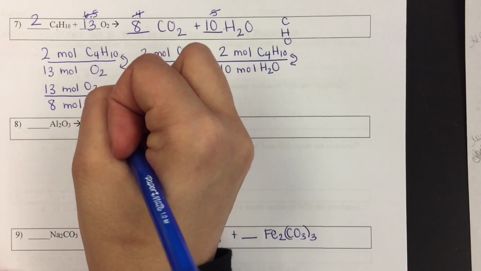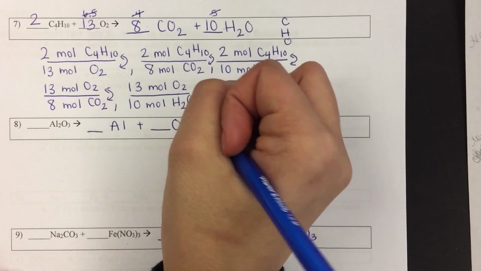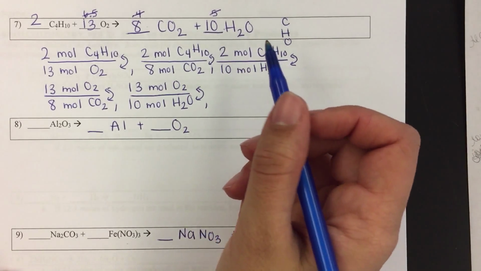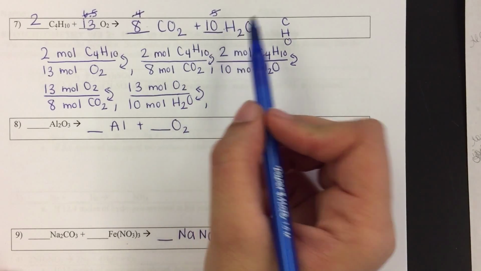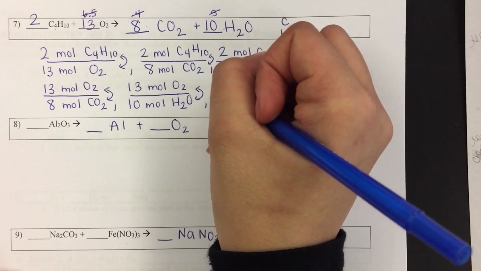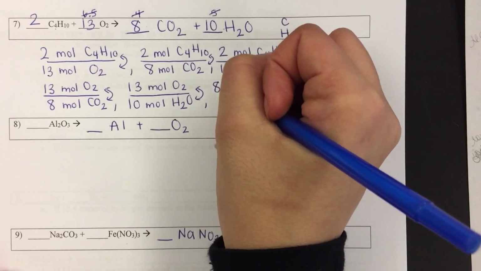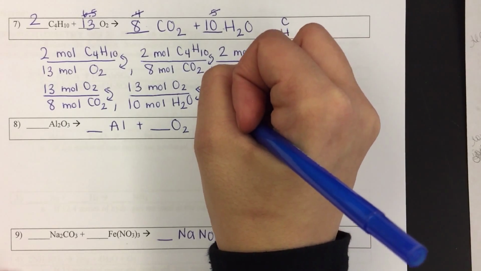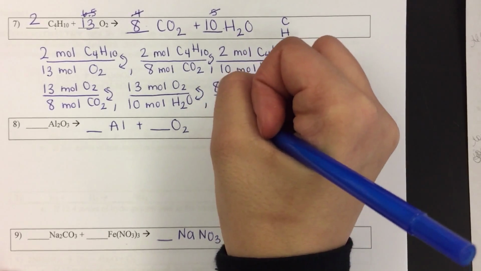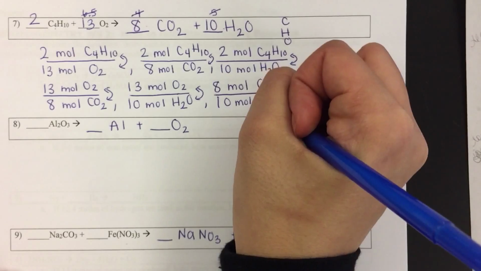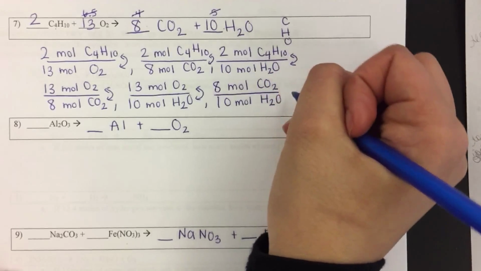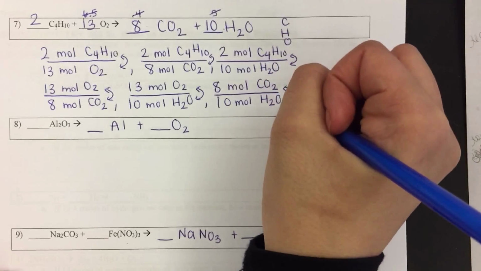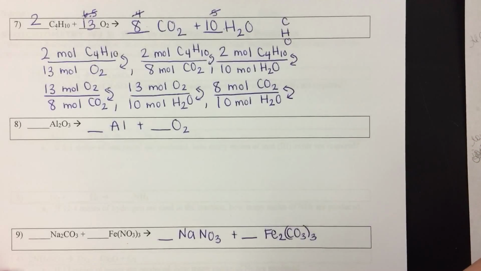And then I'll go back and put my arrows. And then lastly, I have to compare my products to my products. So I have 8 moles of carbon dioxide to my 10 moles of H2O. And then that's it.